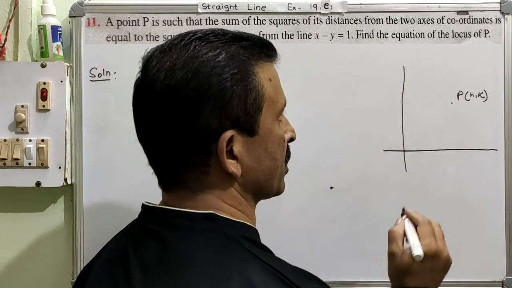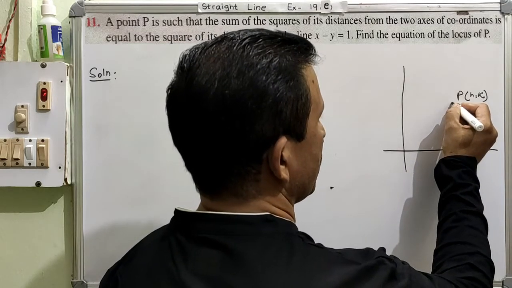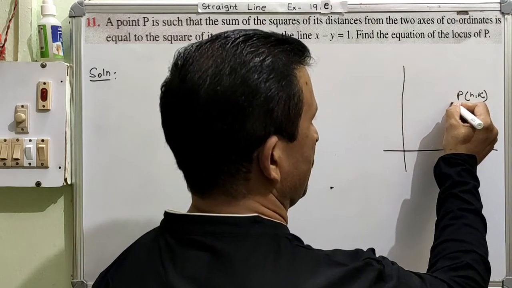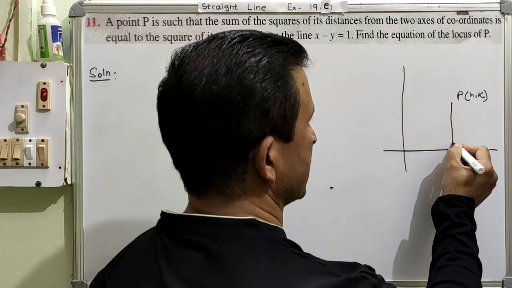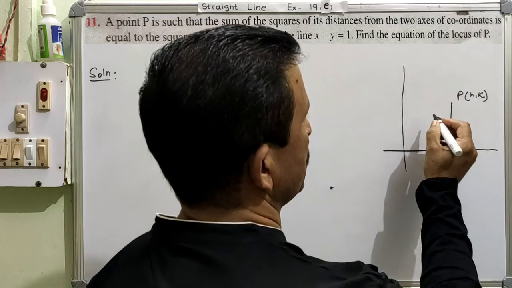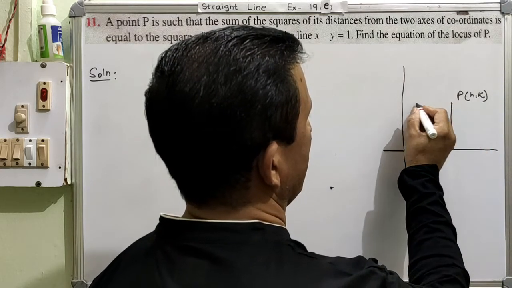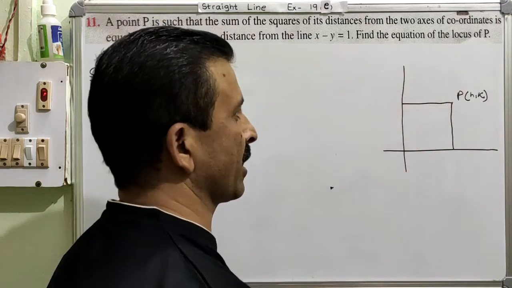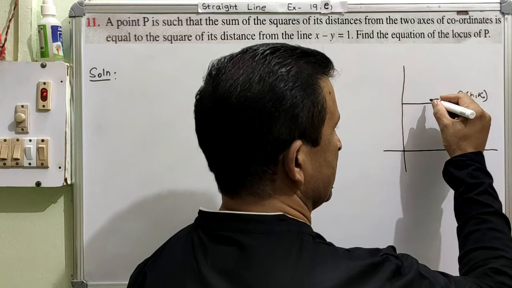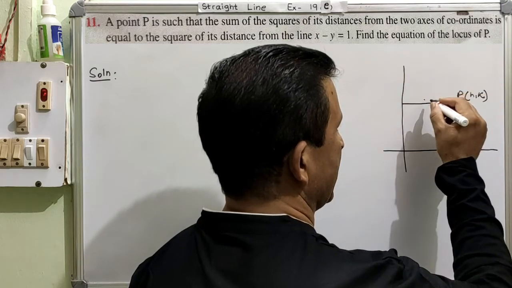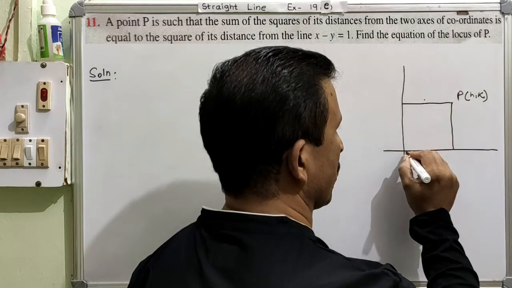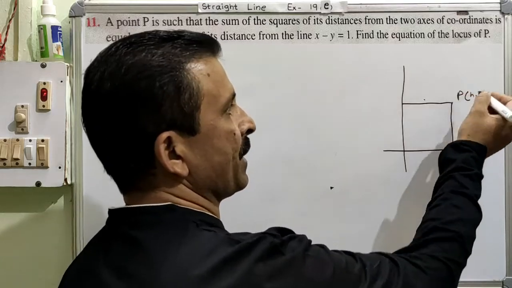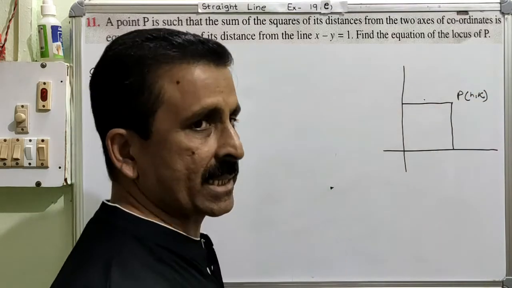Clear? Now, according to the question, draw the perpendicular from point P onto the x-axis and a perpendicular from point P onto the y-axis. Is this okay? According to the question, this point P is at equal distance from the y-axis and also from the x-axis.